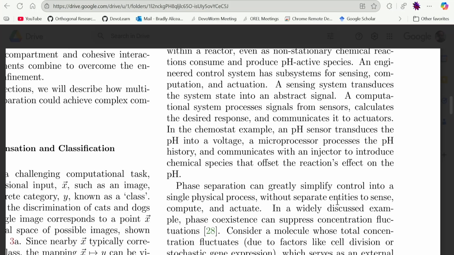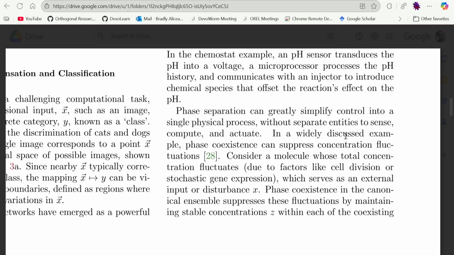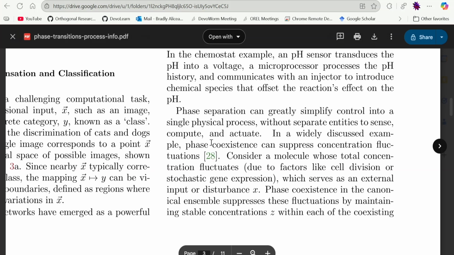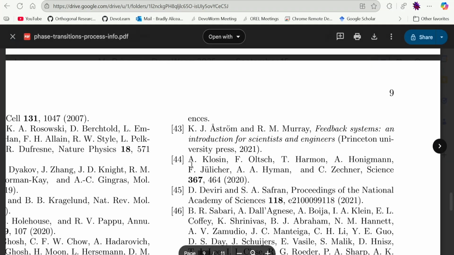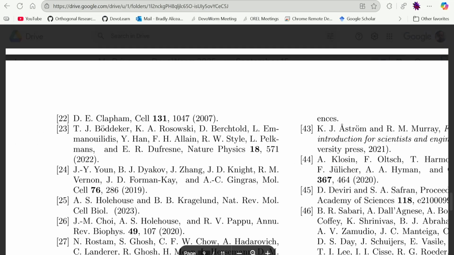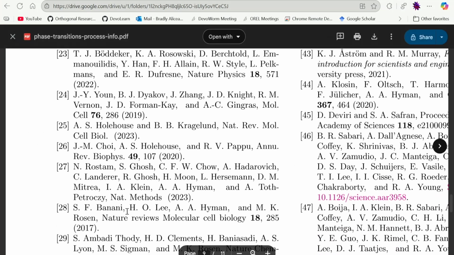And so phase separation can greatly simplify control into a single physical process without separate entities to sense, compute, and actuate. And so phase coexistence can suppress concentration fluctuations, and that's in this paper number 28, which is this paper here in Nature Reviews Molecular Cell Biology 2017.